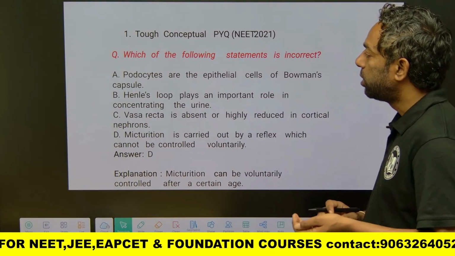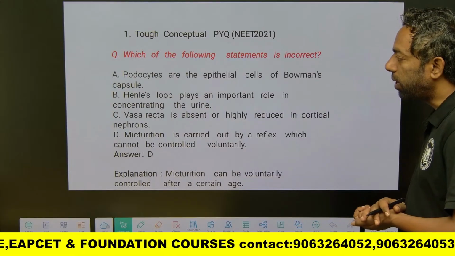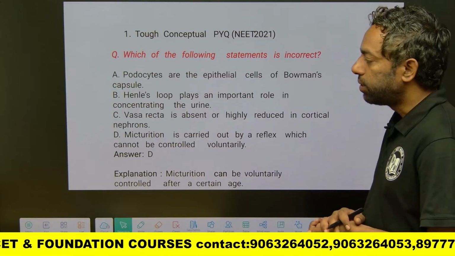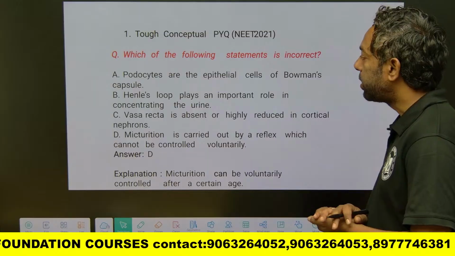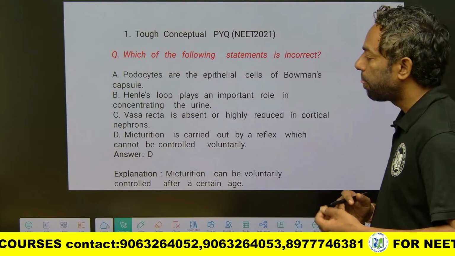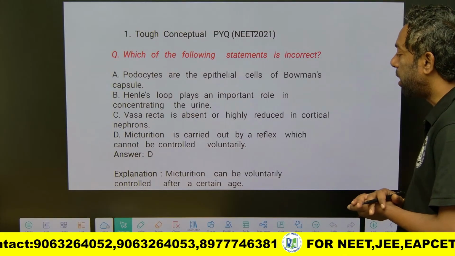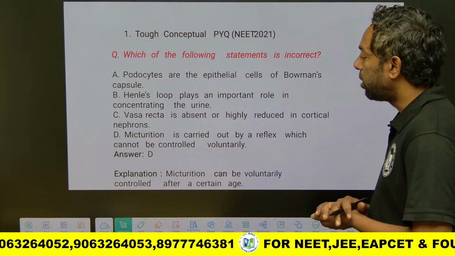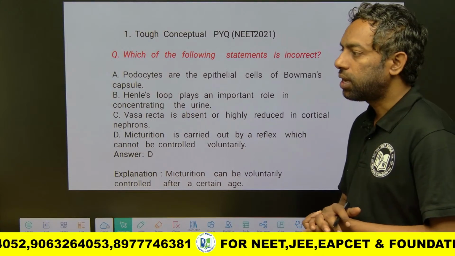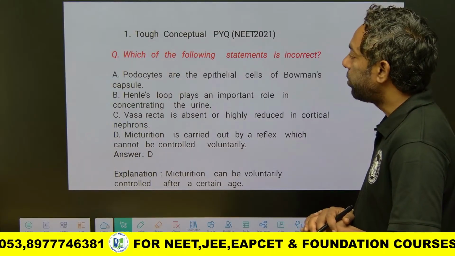Option B, Henle's loops play an important role in concentrating urine. Option C, vasa recta is absent or highly reduced in the cortical nephrons. And option D, micturition is carried out by reflex which cannot be controlled by voluntary muscles. This question was asked in NEET 2021.